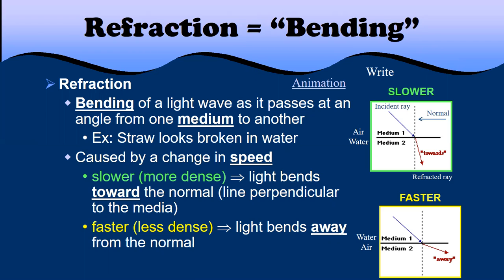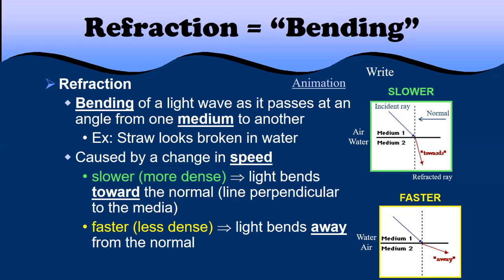So what's happening is when light goes through air, it travels at a normal speed of light. When it hits water, it slows down just a little bit, right? So it's caused by changing speed.